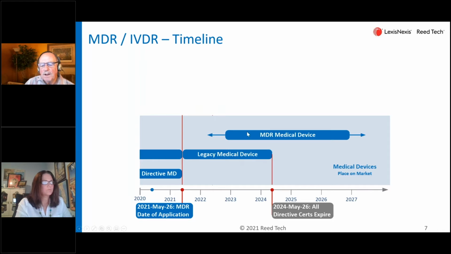And then you can also take a device and have it in the medical device regulation category, where once you have it reviewed and meet all the constraints and requirements of the MDR, then you can put that on the marketplace. So that's the three buckets that John was referring to.